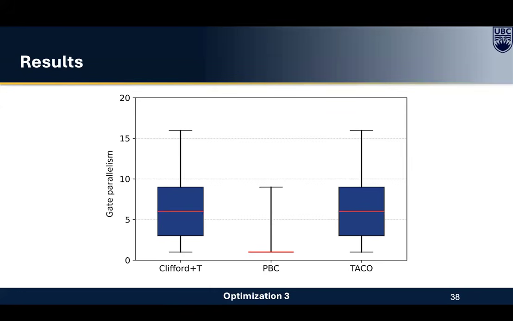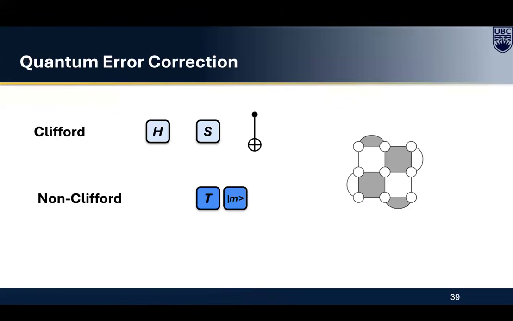So these are the Clifford optimizations of our work, and I do want to give a brief introduction of another work we had, focusing on T-gate optimizations. So we did the Clifford optimizations. We also want a way to do more efficient T optimizations.